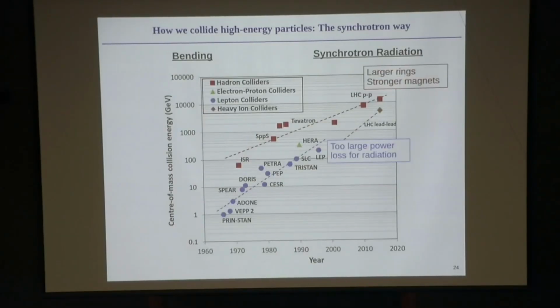So back to this plot, essentially, the limit of this scaling for electron-positron colliders in circular colliders has been too much power loss due to radiation. While in the case of hadronic colliders, essentially the challenge to push this line further is that we need stronger magnets and larger rings.